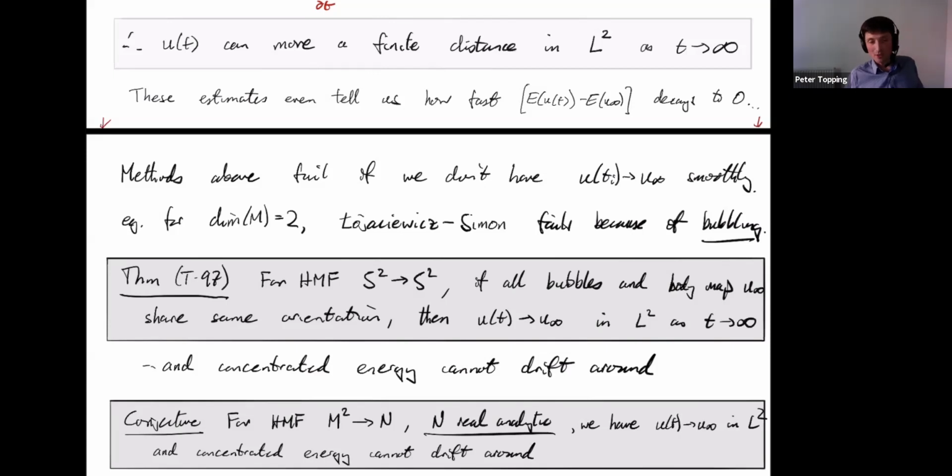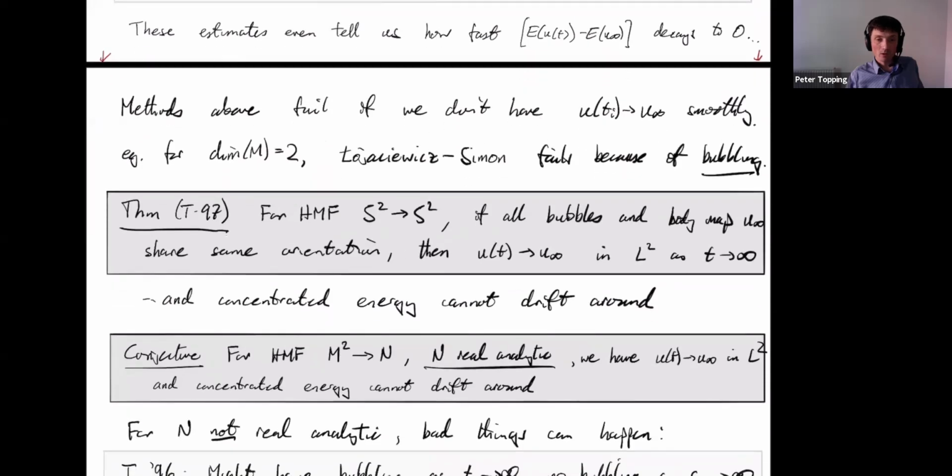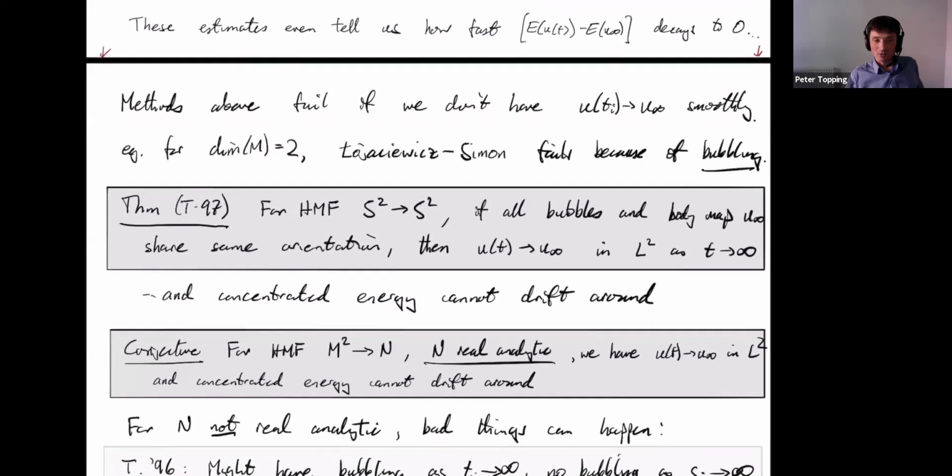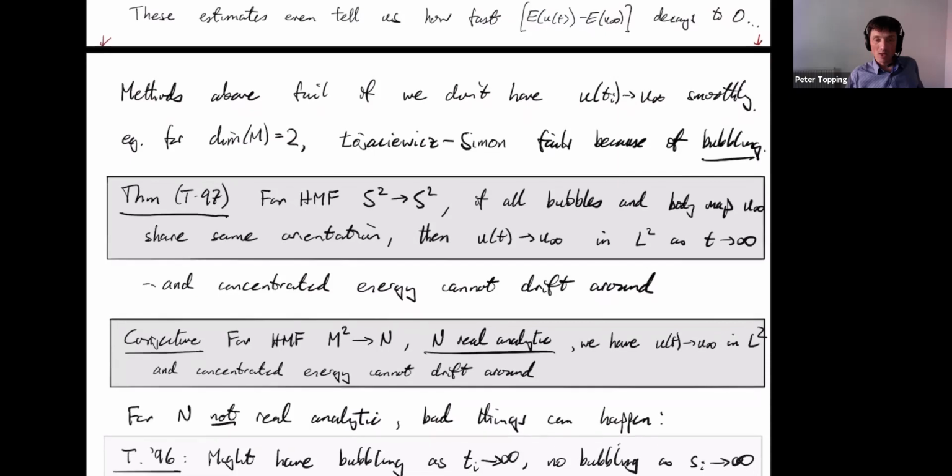And probably you shouldn't have concentrated energy drifting around. Okay, it's very easy to make that conjecture because of what we know in the nice smooth case, but actually the techniques in the smooth case just don't work. Okay, if N isn't real analytic, then all hell can break loose.